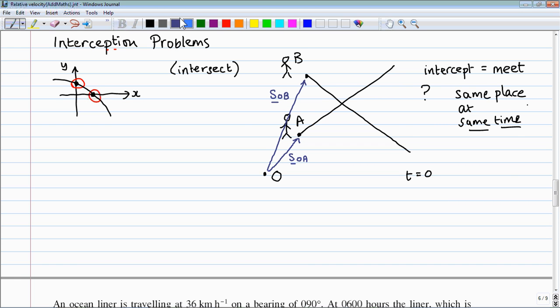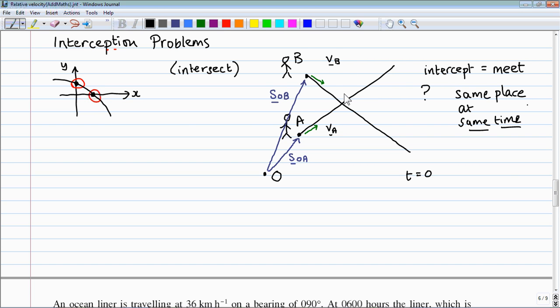So as time progresses, the two people are going to start moving at an appropriate speed along these paths. We assume that they each have a constant velocity, and we call those constant velocities, let's say, VB and VA, so that after each second the positions of A and B, these blue arrows, these position vectors, are moving by an amount equal to VA, well, times 1, because after each second they will move by 1 unit of VA and VB respectively.